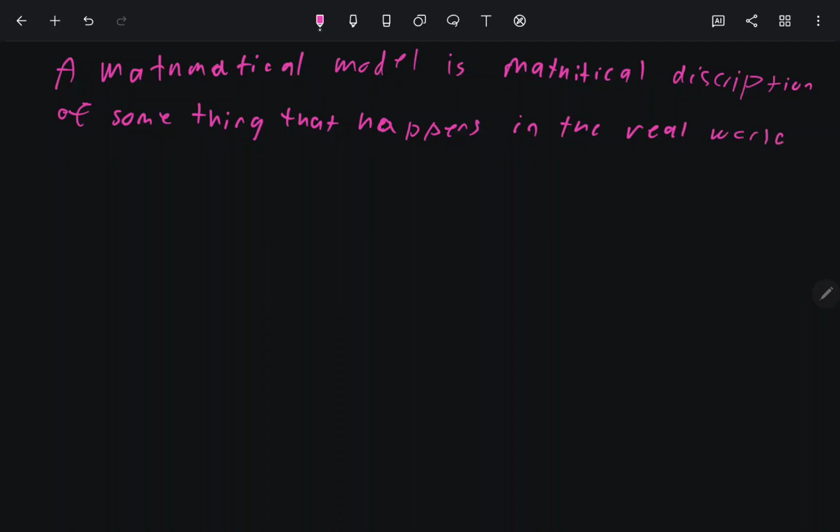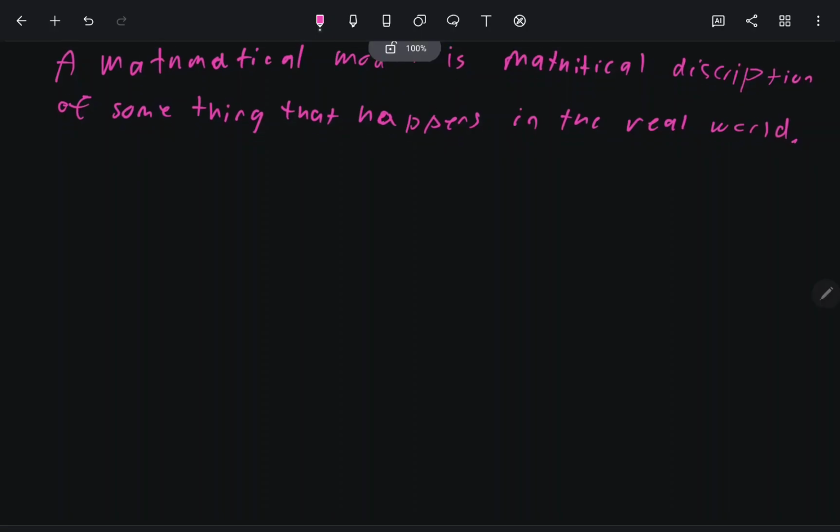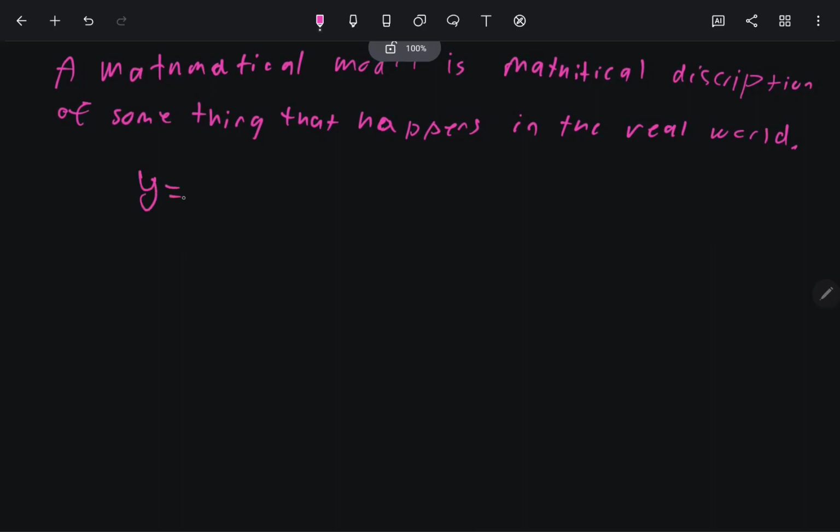Why does that matter? Well, I think a very commonly asked question among high schoolers and college students alike is, when am I ever going to use this? And I understand for a lot of people, they're not going to understand when we're going to need to know how to find the vertex of a parabola.